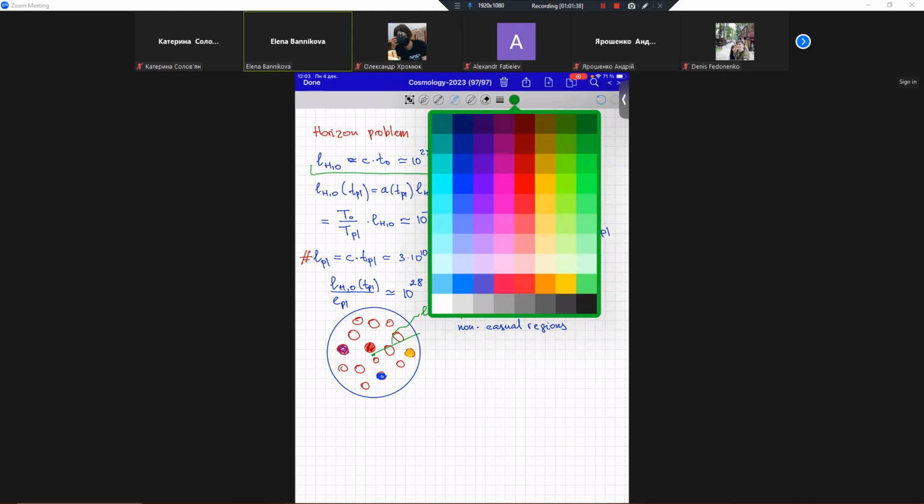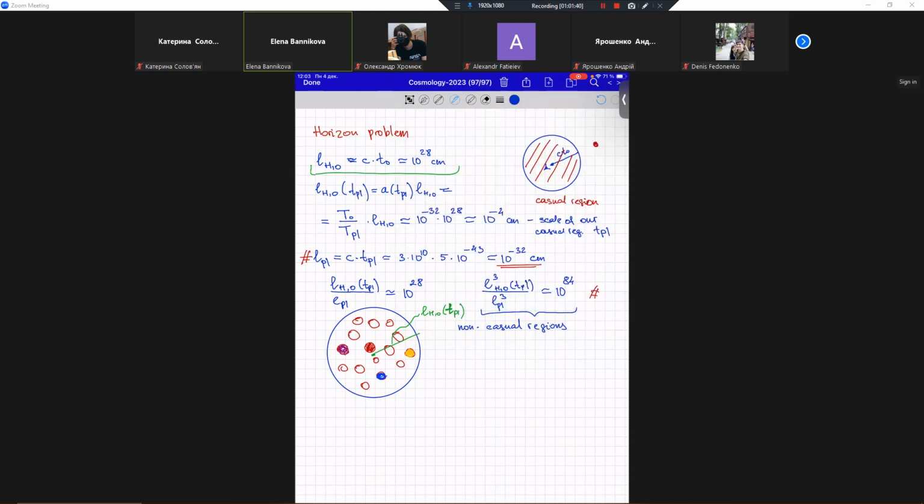As a conclusion, we can write that this contradicts the cosmological principle, which we observe, which we know, which came to us: the homogeneous and isotropic distribution.